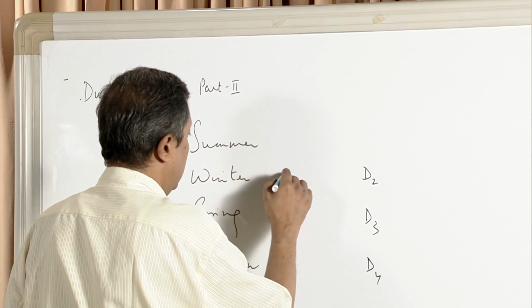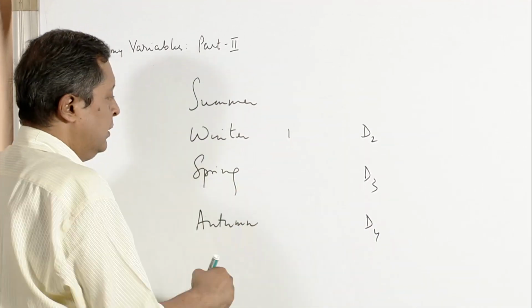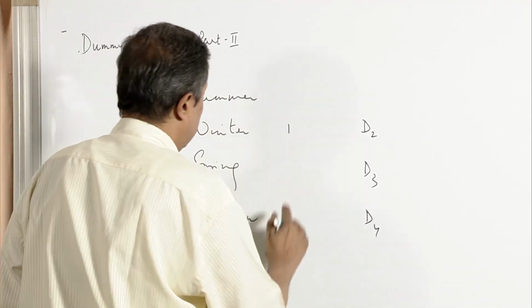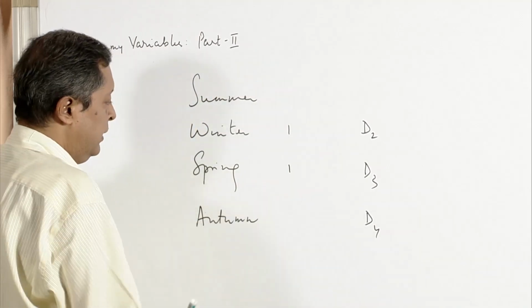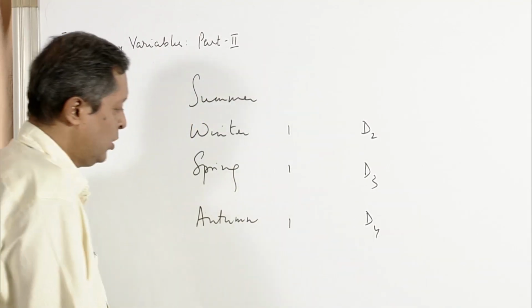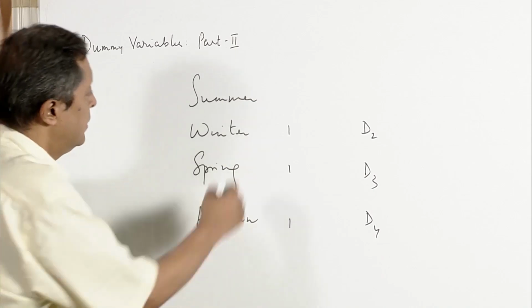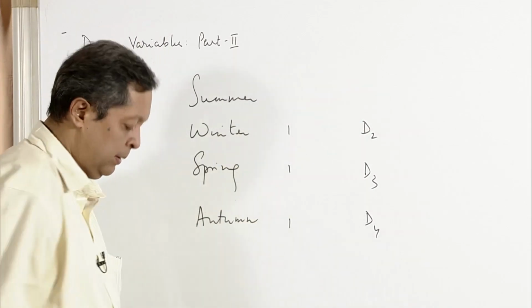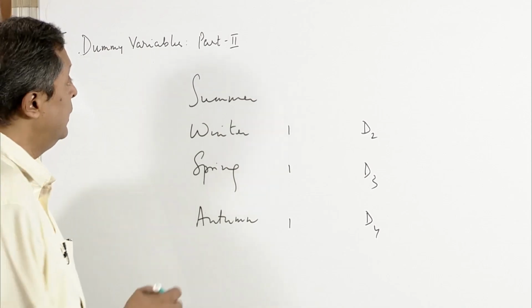This will be 1 if it is winter, 0 otherwise. This will be 1 if it is spring, 0 otherwise, and it will be 1 if it is autumn, 0 otherwise. And summer, of course, we are not going to bring in, because we have an intercept in the model.